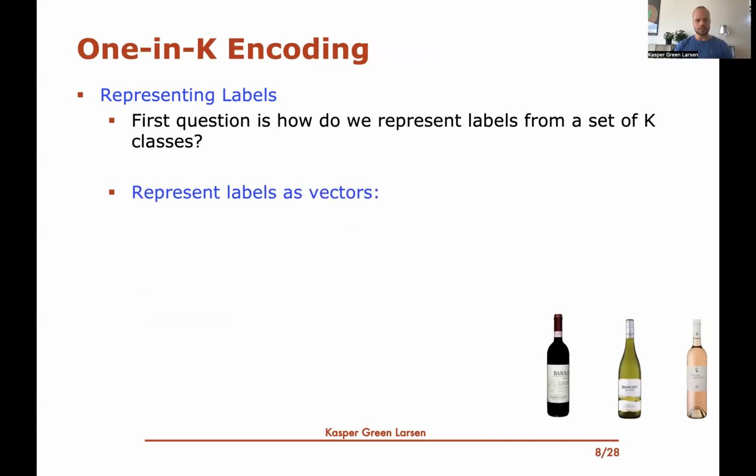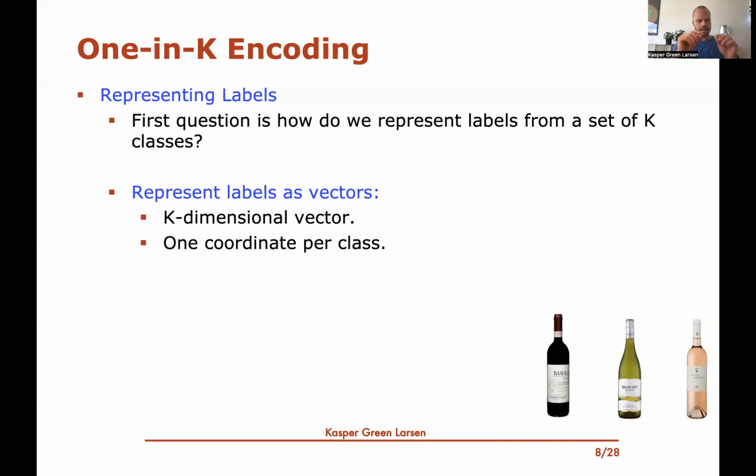Instead, we're going to introduce what's called the 1 and k encoding. Okay, and the idea here is that instead of labels just being a number, they're going to be vectors. In particular, if we have k classes, then we're going to represent each of these different classes using a k-dimensional vector.